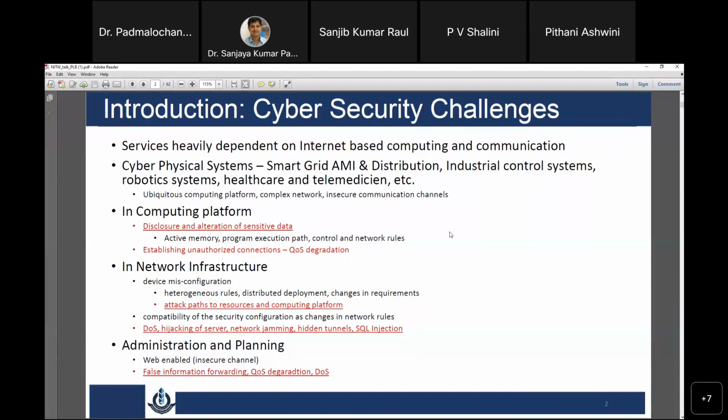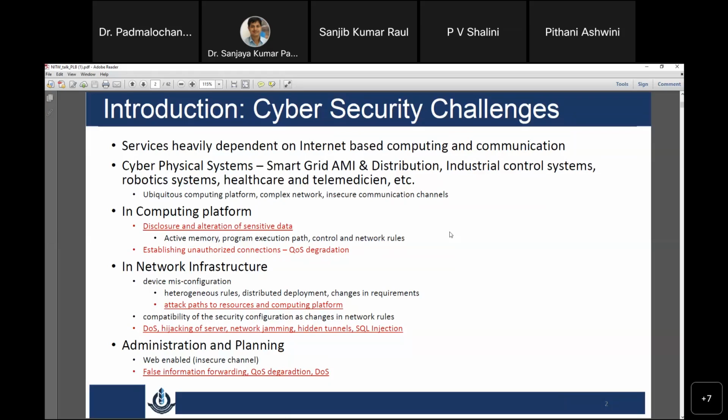Also, in various applications or domains, we see the involvement of cyber physical systems such as the power grid, where the electricity distribution to our home networks and home equipment is controlled by a cyber physical system network called the power grid SCADA network.